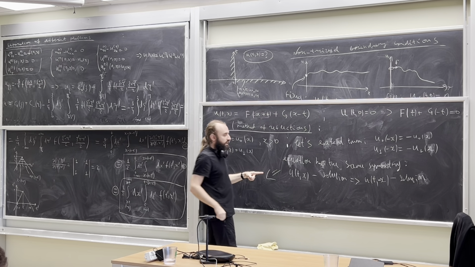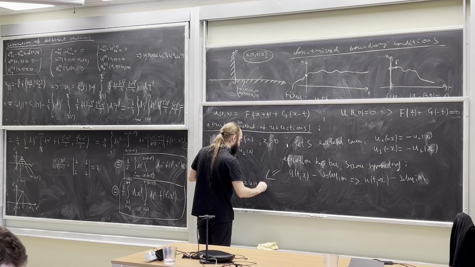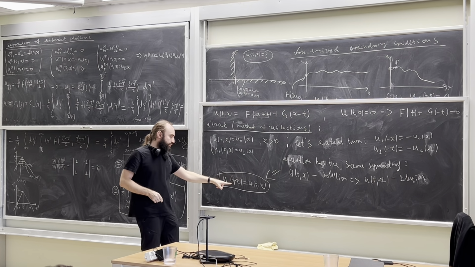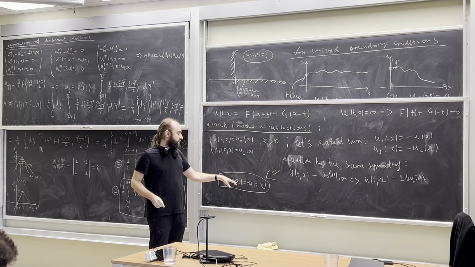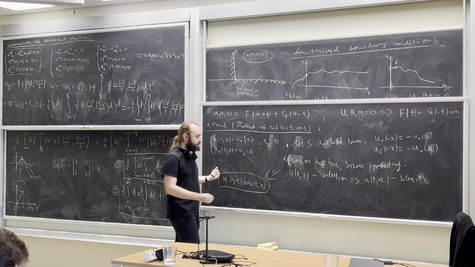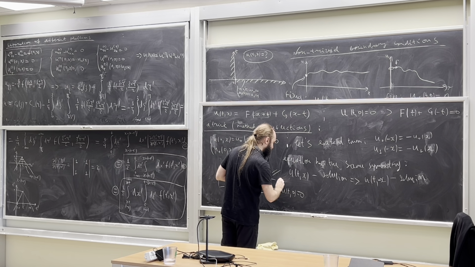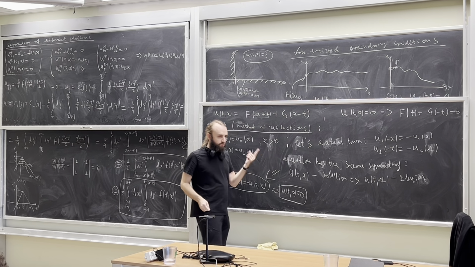So u of t and minus x equals minus u of t and x. In particular, if we put x equals 0, this u will be 0. That is, u of t and 0 equals 0. So a solution of this equation with these extended initial conditions gives a solution to the equation with a zero boundary condition.